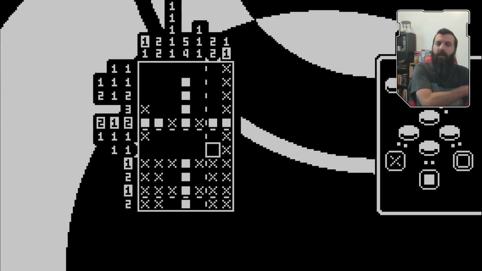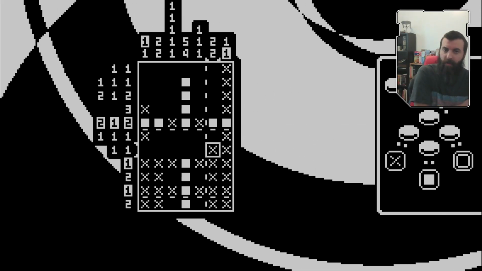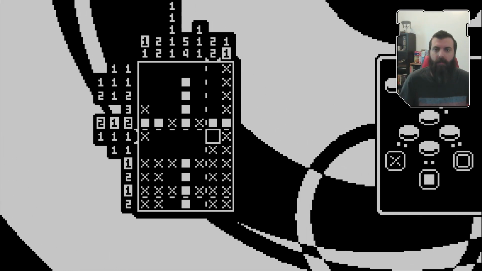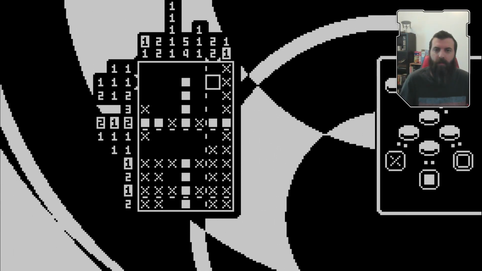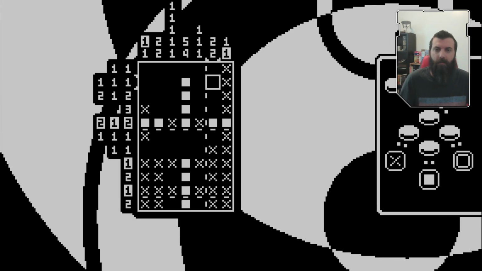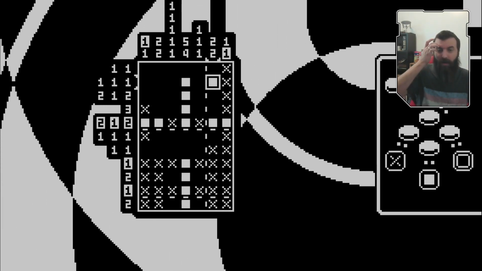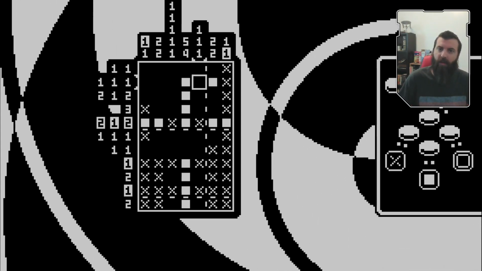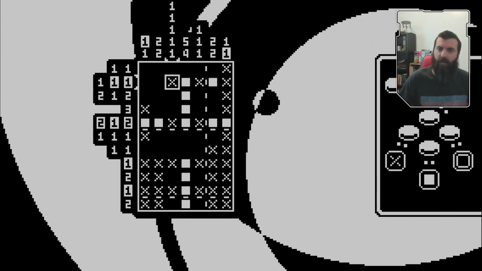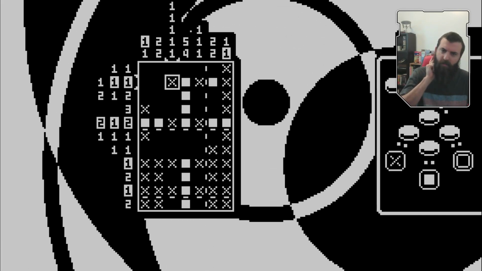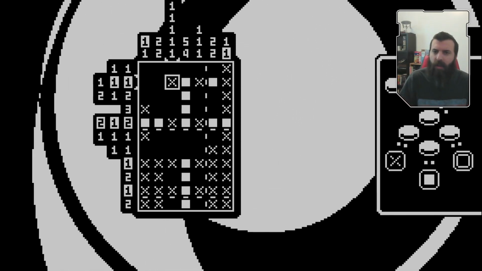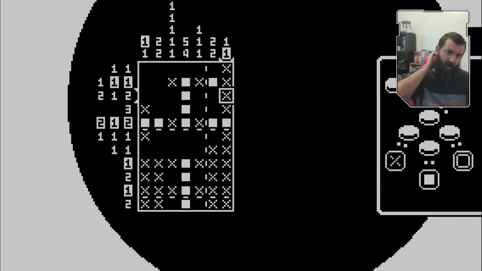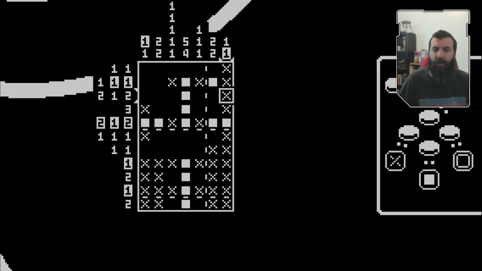Add in. Our vertical 2 couldn't go here. Vertical 2's require that this pixel, I exited out. I shouldn't have exited out this column.